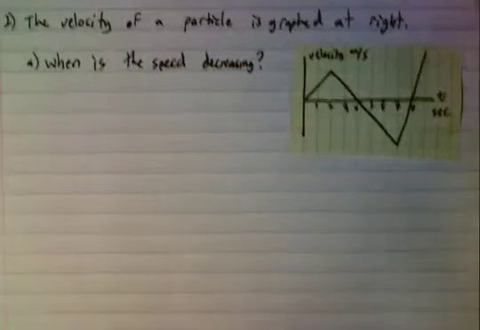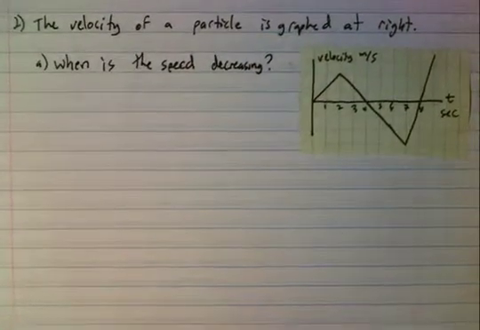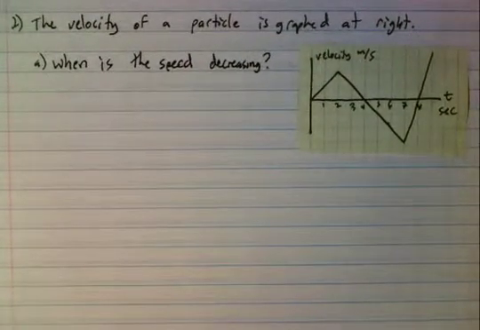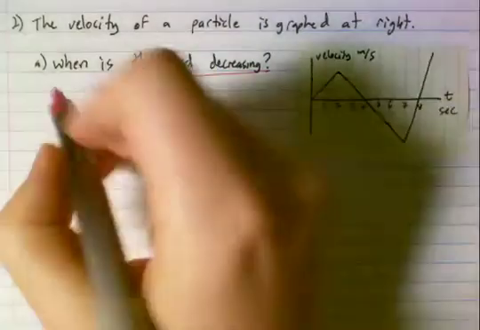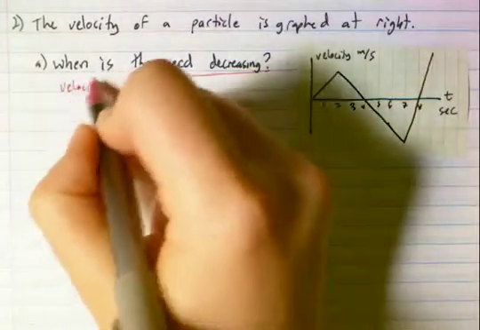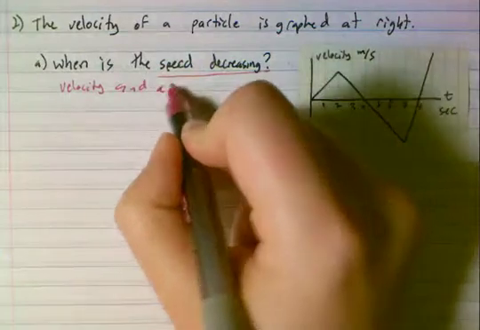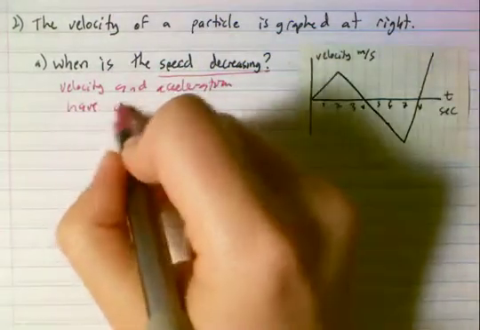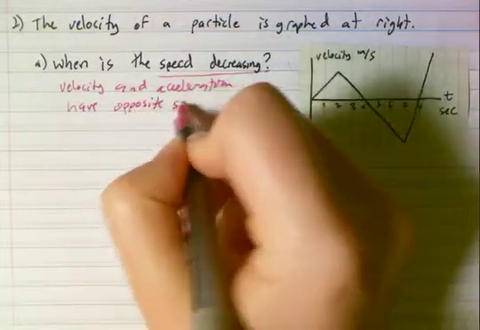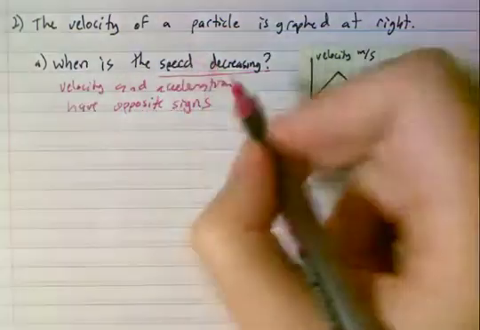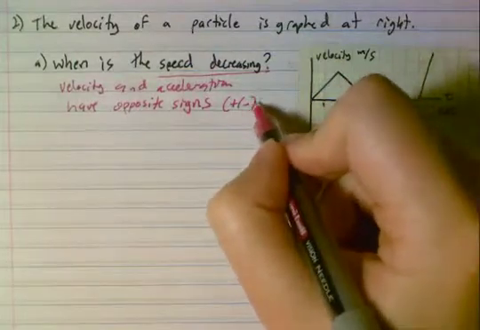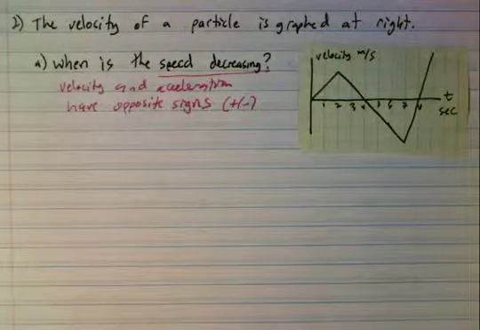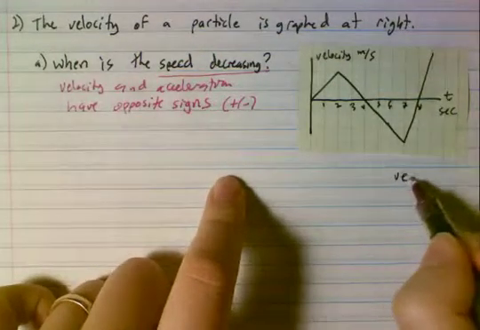We can also answer the same types of questions if we're given a graph. So here we're told the velocity of a particle is graphed at right. We want to know when the speed is decreasing. So speed is decreasing. That means velocity and acceleration have opposite signs. We're only interested in velocity and acceleration.